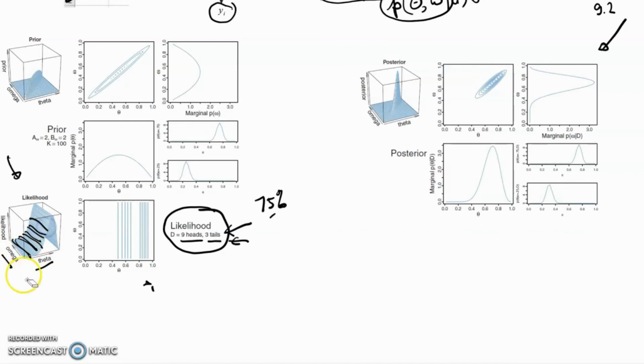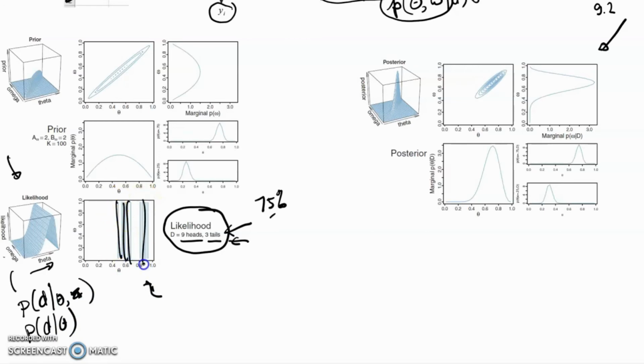So there is no effect of omega. All that really matters is theta. So here we have the probability of the data given theta and omega, which is essentially just the probability of the data given theta, because we can ignore omega. We see the same sort of thing here on the contour plot. These lines are parallel because there is no effect of omega.